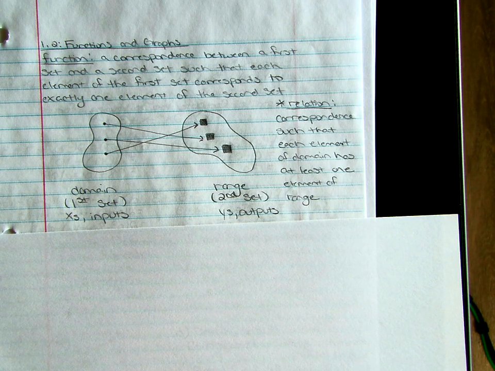That thing that we put in, we usually call the inputs, or the x's, or the domain. Those all mean the exact same thing. Your domain is your inputs. Those are traditionally your x values if you're talking about an equation that has x's and y's, which I would say 85% of all the stuff in algebra is. Your range then, which is the blob on the right-hand side, is what you're getting out.